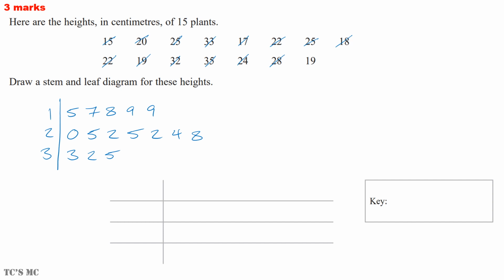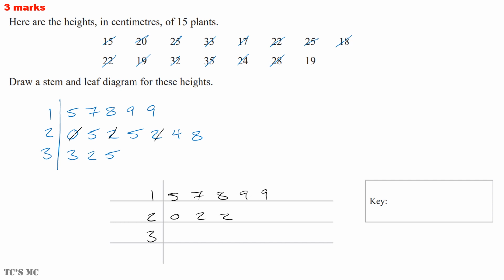Because all of my digits are lined up and I have used all the values, I now have 1 mark. To get the second mark, we must write this in order. So now I'm going to do 1, 2 and 3 again, but this time write them in order. The first one is already in order. 0, 2, 2.